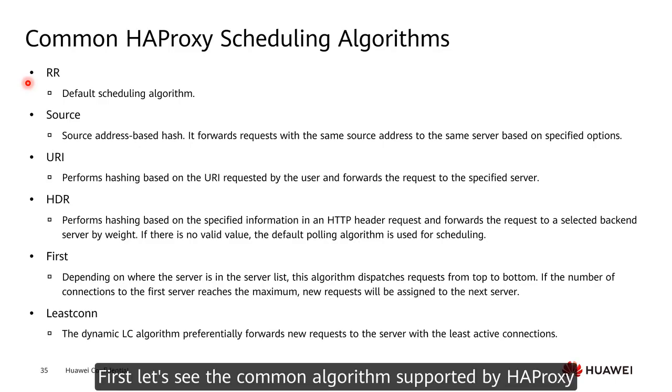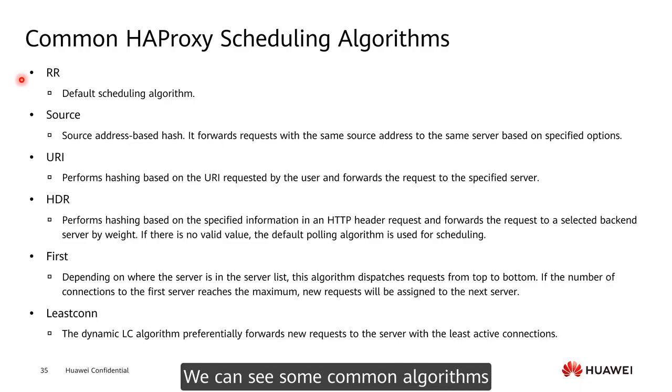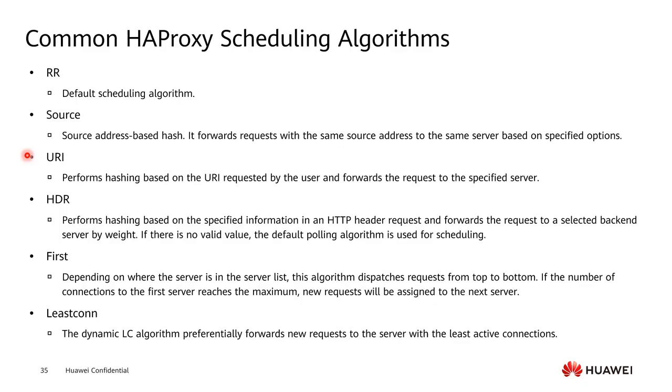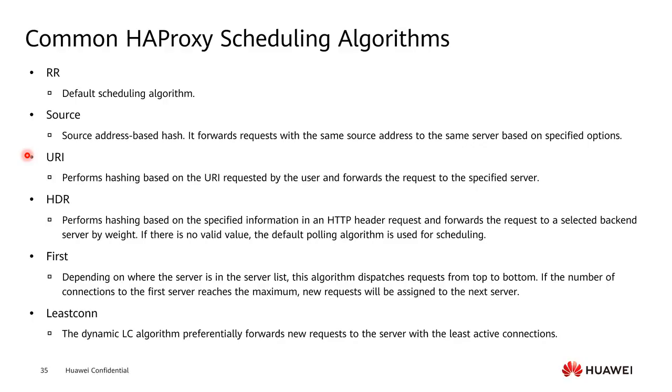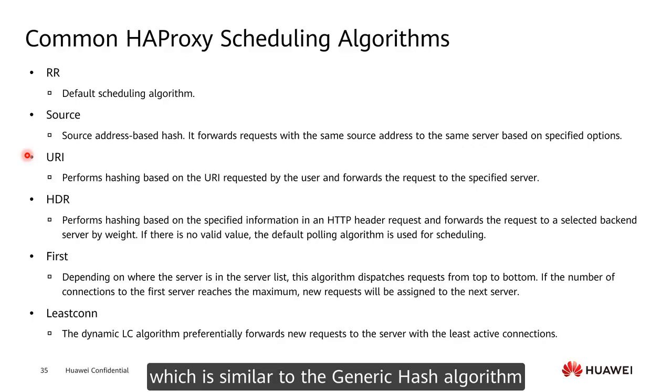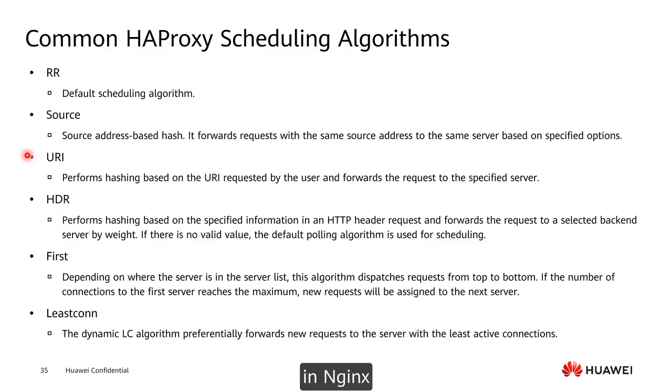First, let's see the common algorithms supported by HAProxy. We can see some common algorithms such as RR, source, and least connection. We can also see some new algorithms such as URI, which performs hash calculation based on the URI requested by a user. Then, the corresponding request is forwarded to a specified server, which is similar to the generic hash algorithm in Nginx.